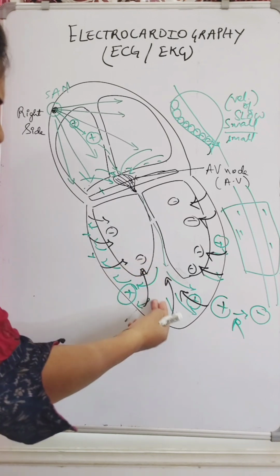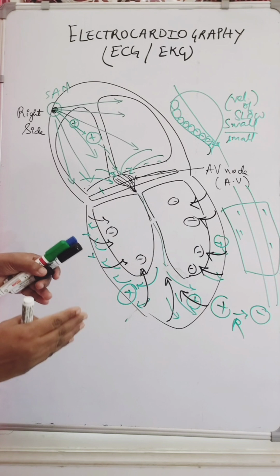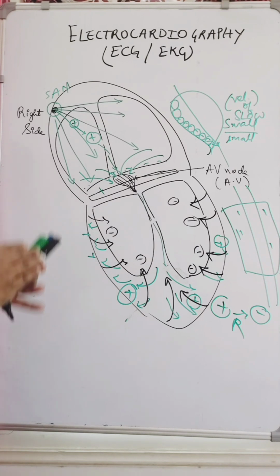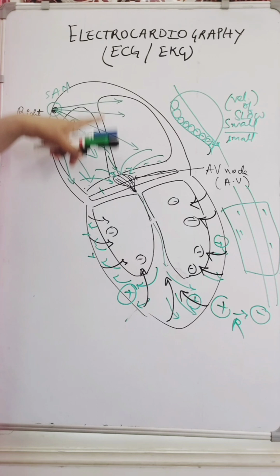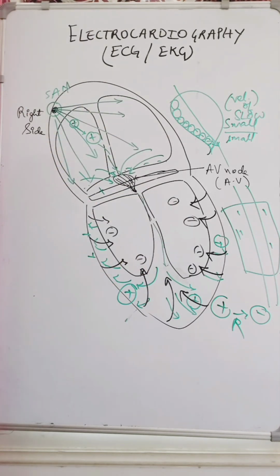So when the ventricles are repolarized at a very fast pace, equivalently in a synchronized way, even the atria are also getting repolarized, such that the atrial repolarization is overlapped by the ventricular repolarization.